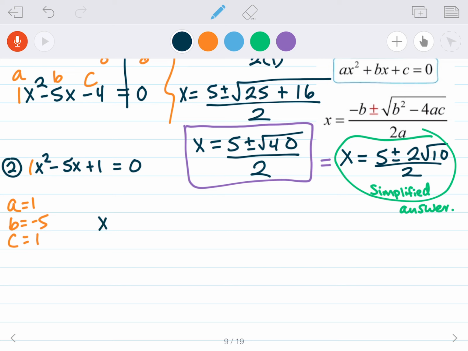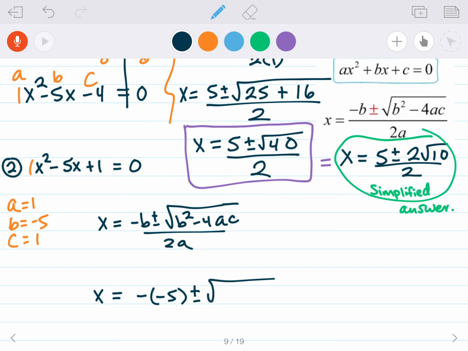So our quadratic formula is -b plus or minus the square root of b squared minus 4ac, all divided by 2a. And I'm just going to replace in these numbers as I see them here. So we have x equals -b, again a double negative -5, plus or minus the square root of b squared, -5 squared, minus 4 times a is 1, times c is 1, all over 2 times a.